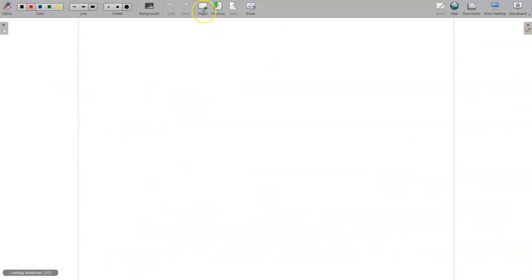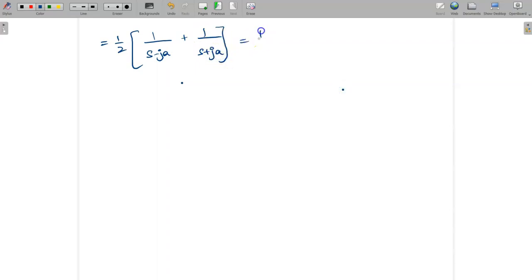So 1 by 2 is common, with 1 by (s minus ja) plus 1 by (s plus ja) available. Since these two terms are different, let us take both the terms in the denominator, which is nothing but the LCM, and cross multiply both the terms.